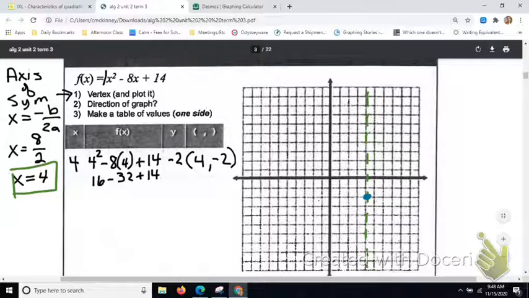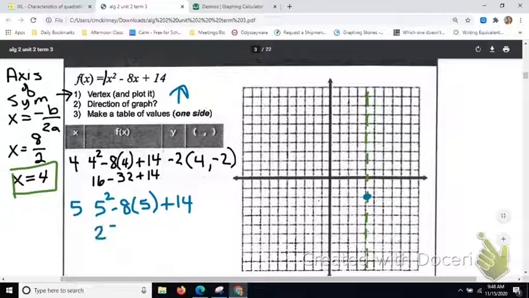And we know that this is going to be heading up, right? We know it goes up. That's the direction of the graph. And then choose one side to make a table. We don't need to do both sides because it's going to mirror. So since this was 4, I'm going to go one bigger and use 5. So I'm going to do 5 squared minus 8 times 5 plus 14.